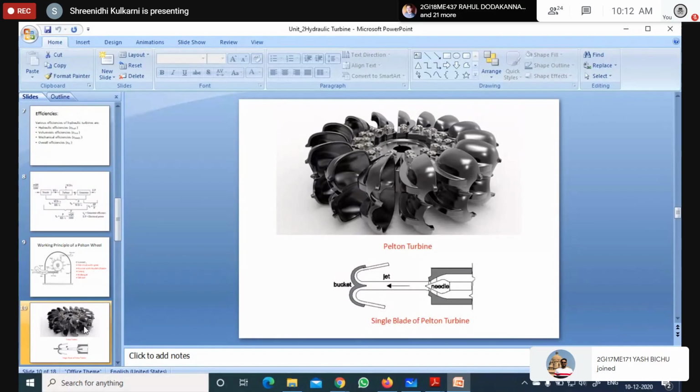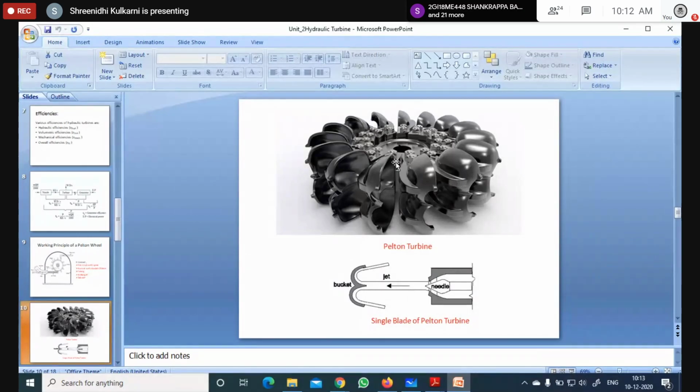Next we'll move to the derivation. But before going to the derivation, this is the Pelton wheel or Pelton turbine buckets or blades. It is double hemispherical in shape, but the water is striking at the middle.